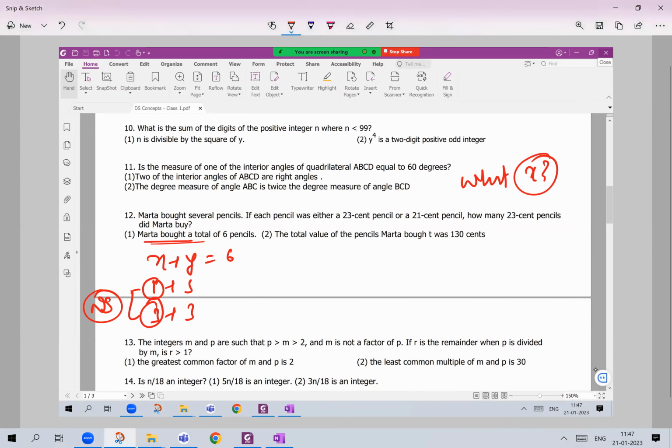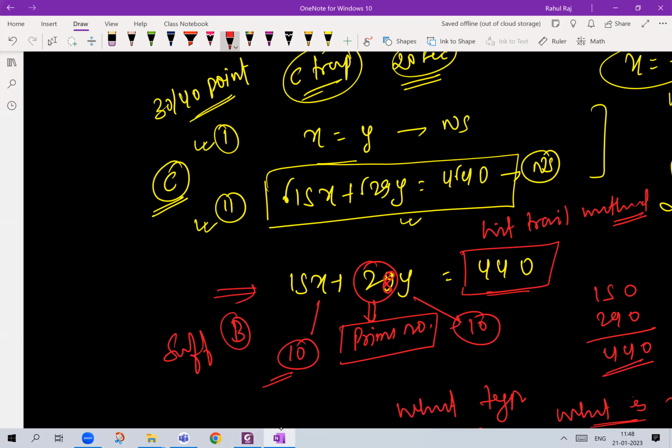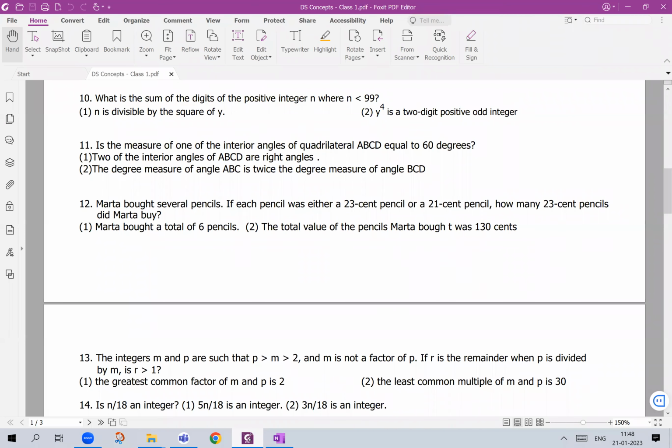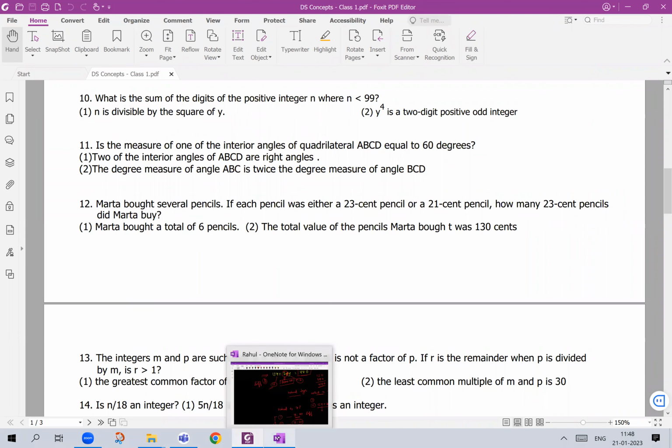Rahul, what's the answer sheet going to look like? Where do you mark your answers when you're submitting your paper? No, the answer sheet will be exactly the same.